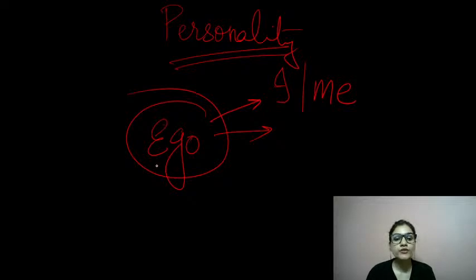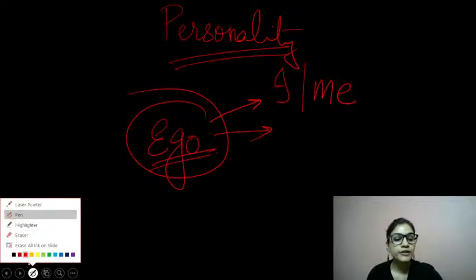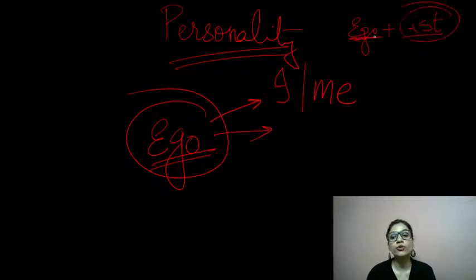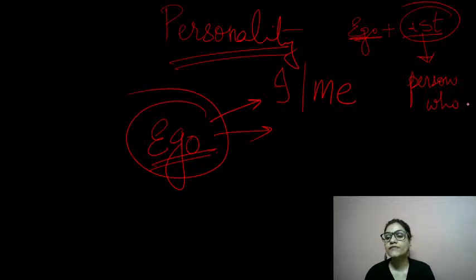So if we talk about this word root, guys, ego, this refers to I or me, right? And if we add some words after this word, for example, if I add the word egoist, ist is the word root I'm adding to ego, right? So ist refers to person who. It is the suffix I'm adding to this word.